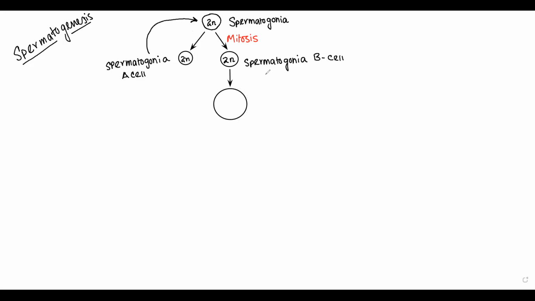And that one is known as primary spermatocyte. So there is no change in the chromosome number.